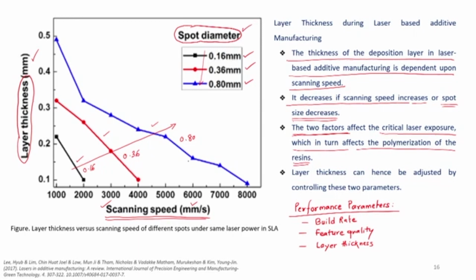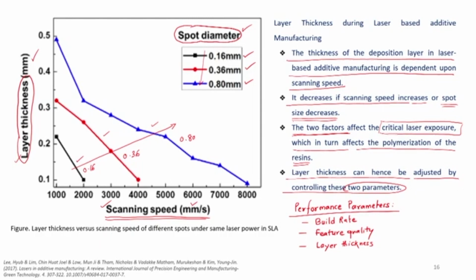So, both these parameters are critically affecting the laser exposure, and based on that we are getting the different layer thickness for variety of its combination. So, layer thickness can hence be adjusted by controlling these two parameters.